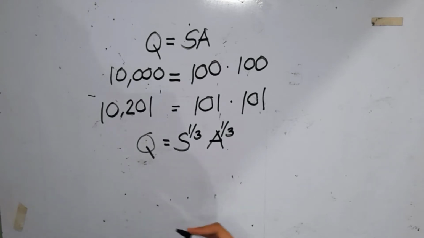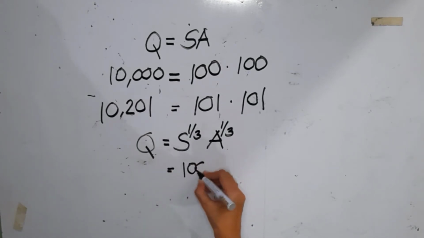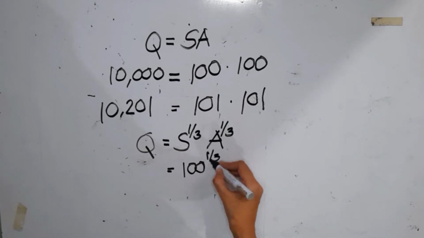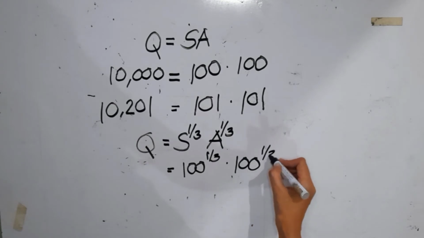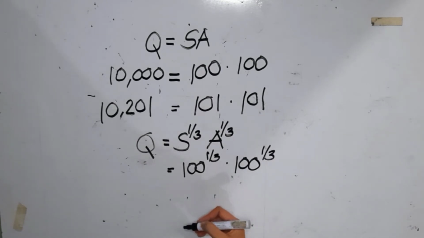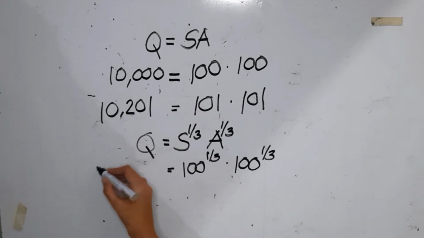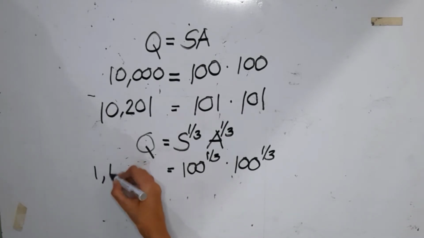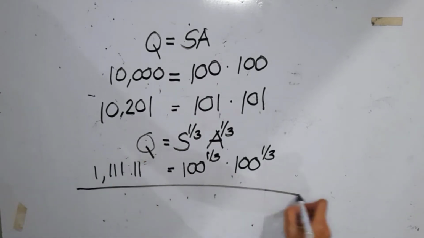So for 100 pounds of steel and 100 pounds of aluminum, what will happen under decreasing returns to scale? It becomes 1,111.11. So there is a decrease in quantity.